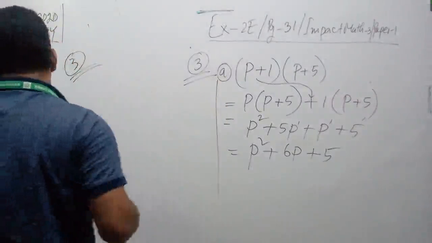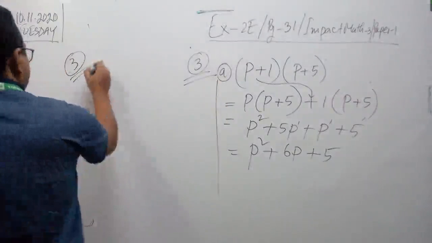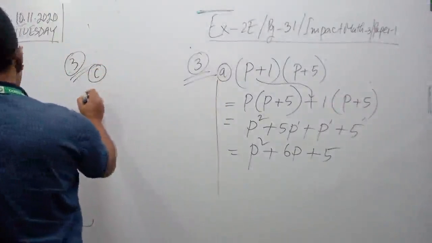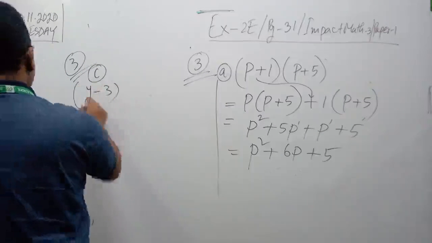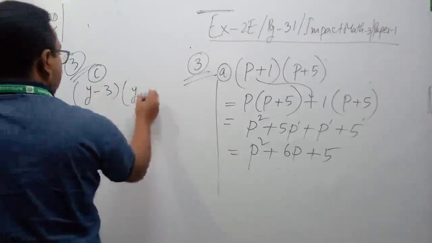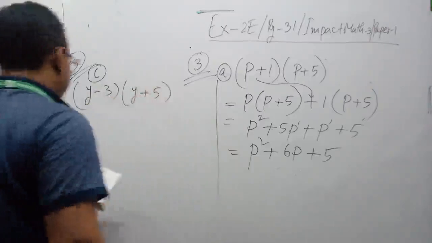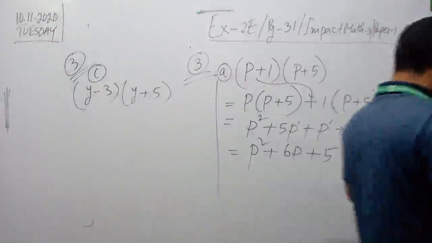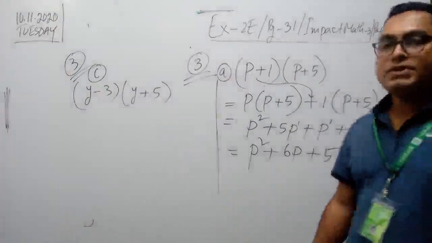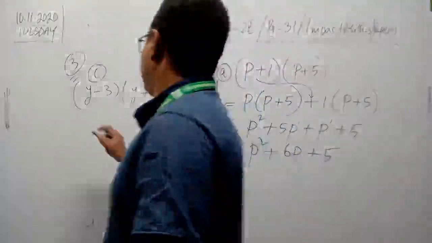Take out the math. 1c. Y minus 3, y plus 5. Y minus 3 and y plus 5.